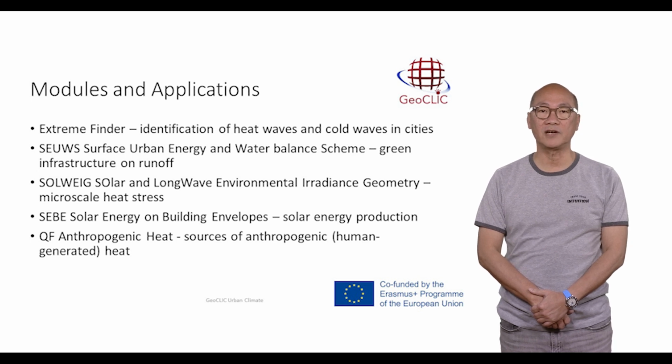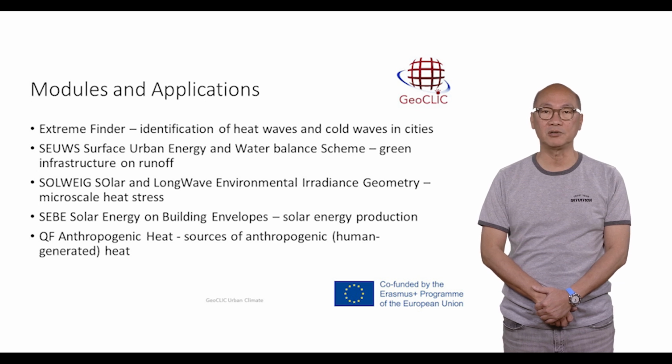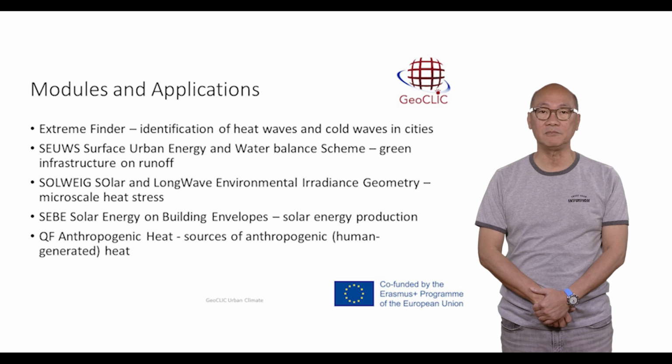Solar and long-wave environmental irradiance geometry model is used to identify potential hazard areas, potential sites for outdoor activities. Solar energy on building envelopes model estimates short-wave irradiance on ground, roofs, and building walls based on high-resolution digital surface models and input meteorological forcing data.